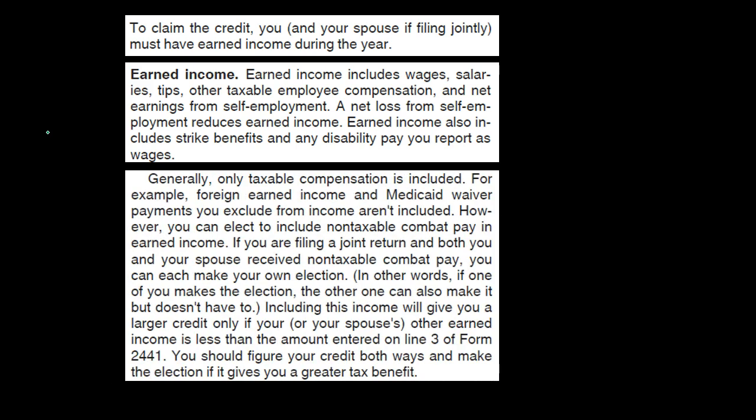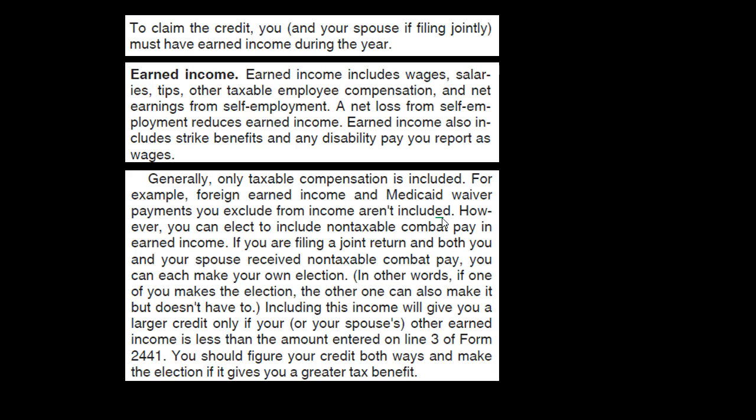Generally, only taxable compensation is included. For example, foreign earned income and Medicaid waiver payments you exclude from income aren't included. So note there's going to be some types of income that you might not have included. Sometimes foreign income isn't included in income for taxes because you probably have to pay taxes if it's earned in another country. You have to pay taxes to them, and therefore it's not taxable to the U.S., or else you would be taxed 2 times.